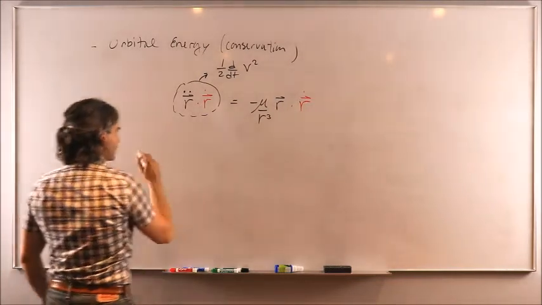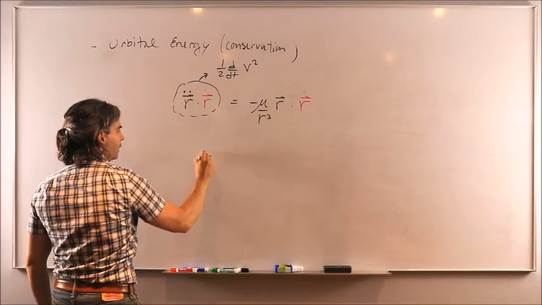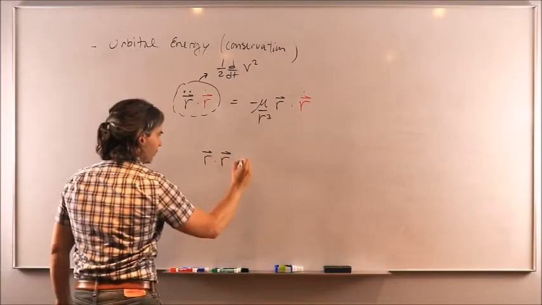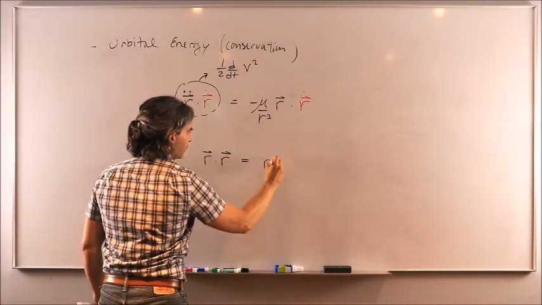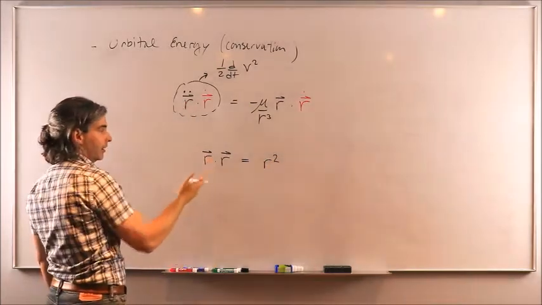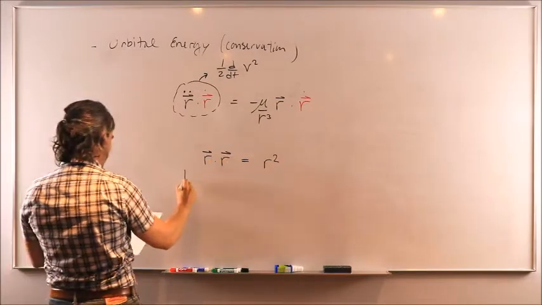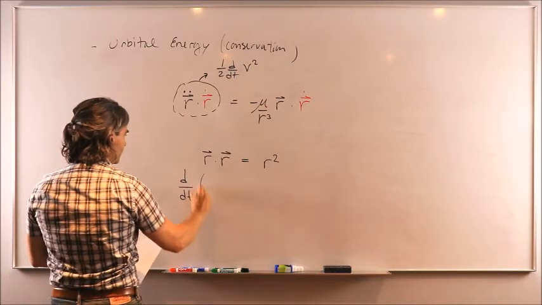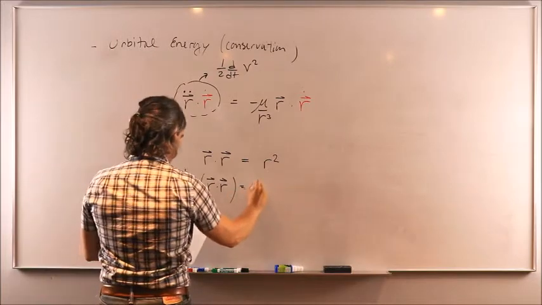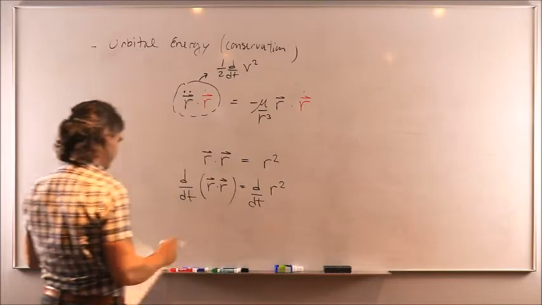Next, if we have r dot r, we know very well that this is equal to the distance squared between m2 and m1, because this is what r denotes. Now if we take the time derivative on both sides of that equation, we get d/dt of the position vector dotted with itself equal to d/dt of distance squared.